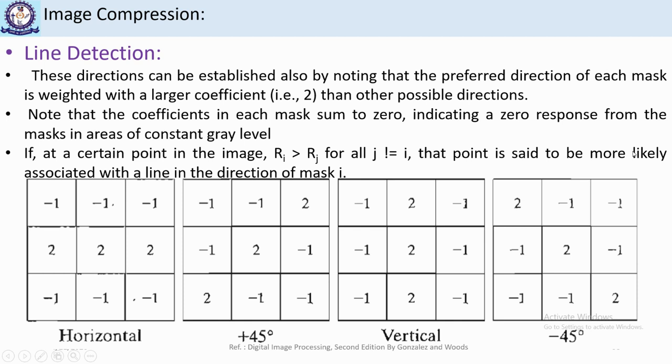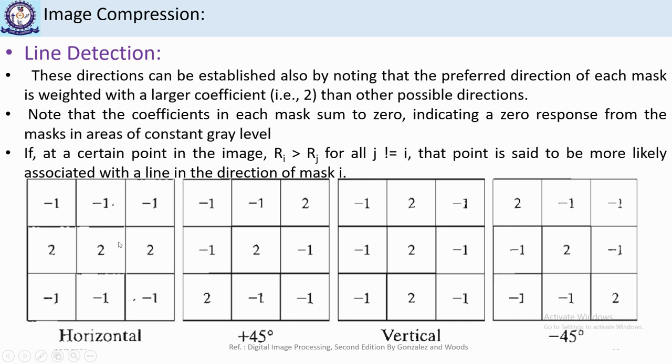Now these directions can be established also by noting that the preferred direction of each mask is weighted with larger coefficients than the other possible directions. So if we want to detect the horizontal direction, then this direction's coefficients are given larger values, and remaining are given the coefficient minus 1.